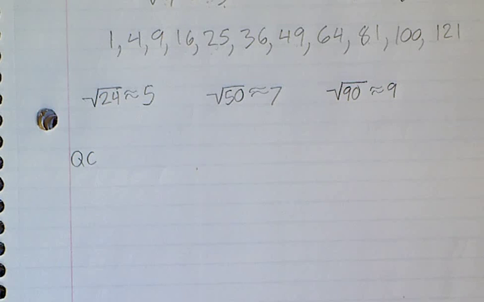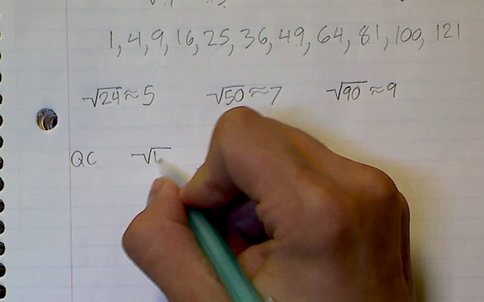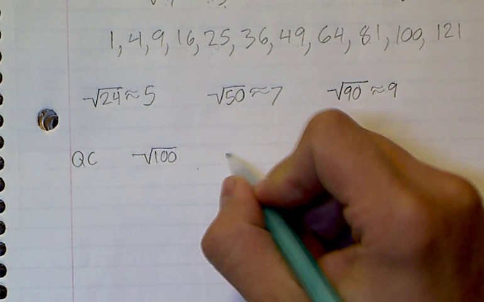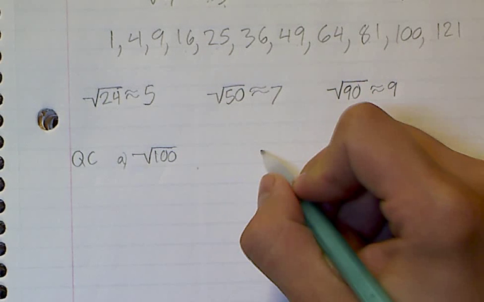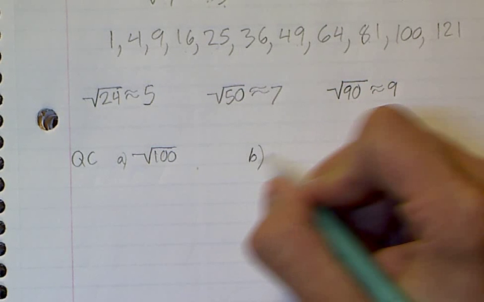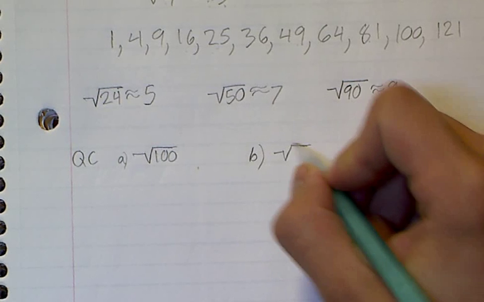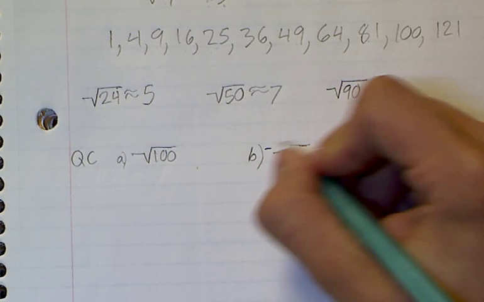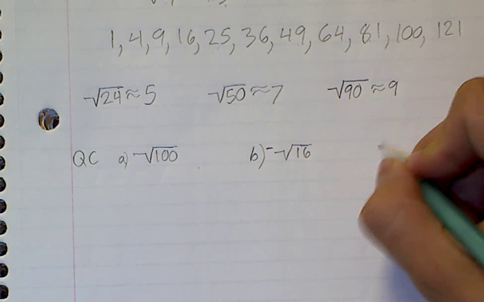I want you to tell me what the square root of 100 is. That's the first one, our A. Our B is, I want you to tell me what the negative square root of 16 is.